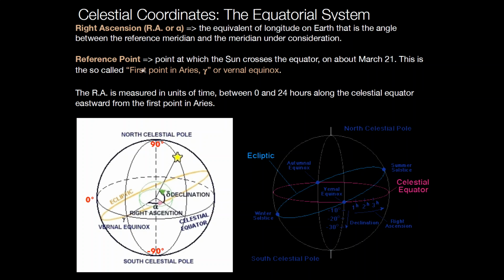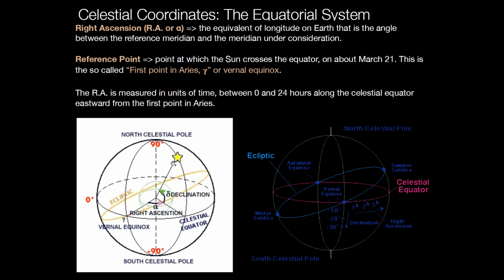And this is taken to be where the sun crosses the equator on the 21st of March on the spring equinox. And this is called the first point in Aries, which is because it's in the constellation of Aries. So all you have to know is that there's some line going through the constellation of Aries where the right ascension is defined to be 0.